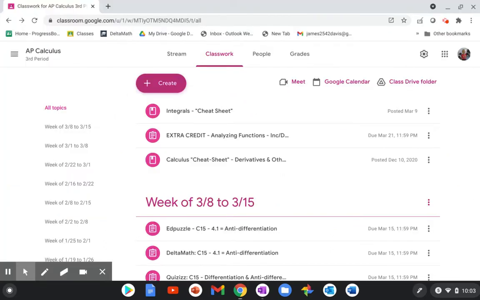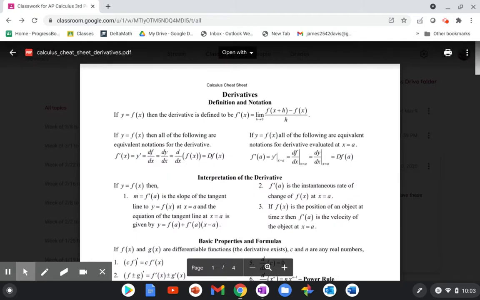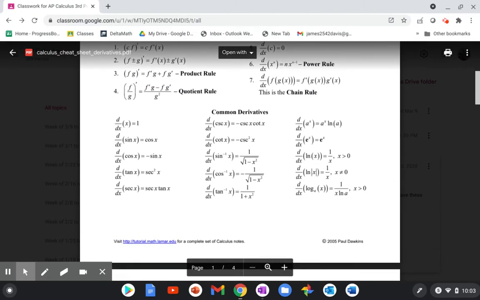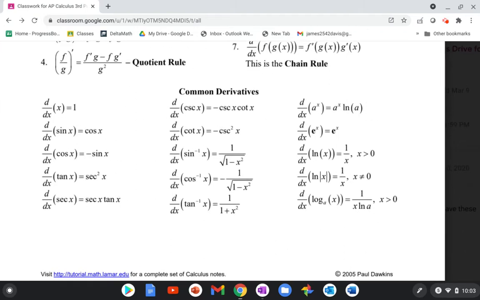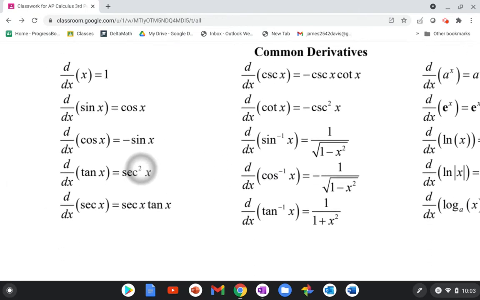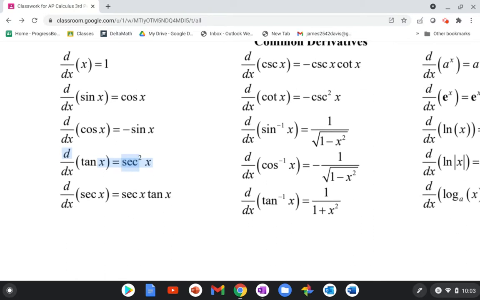If you went and looked at our class page here, and looked at this derivative cheat sheet, hopefully you have the trig functions pretty well memorized. But if you're looking for something that will give you sine, you're basically looking at this column over here and find one that gives you sine. Cosine doesn't give you sine, but it does give you negative sine. So that was close enough.